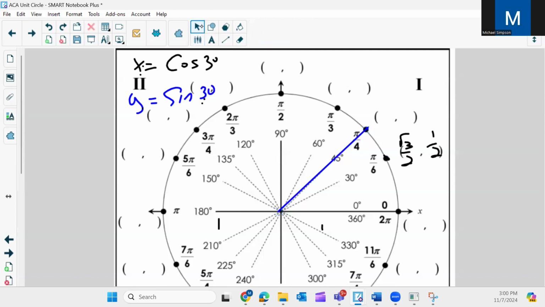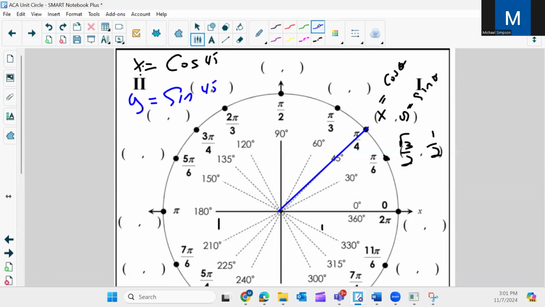X is going to equal the cosine of the angle, and Y is going to equal the sine of the angle. Since we're at 45 degrees, it's going to be cosine of 45 degrees and sine of 45 degrees.